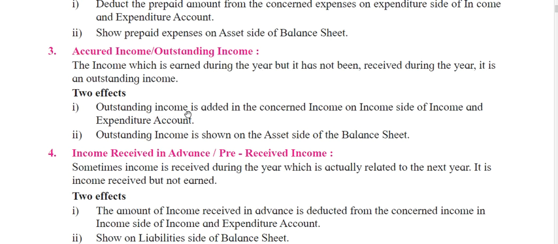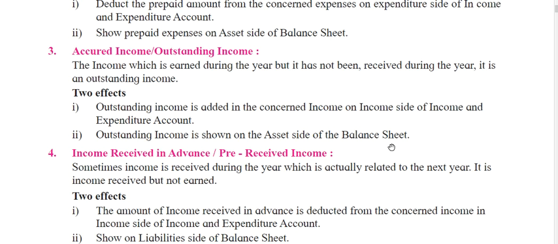Outstanding income is added to the concerned income on the income side of the income and expenditure account, and outstanding income is shown on the asset side of the balance sheet.